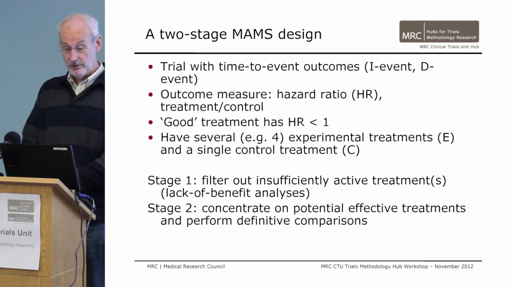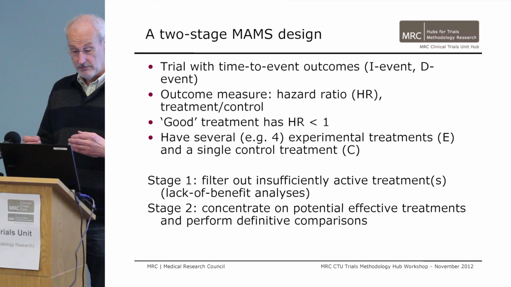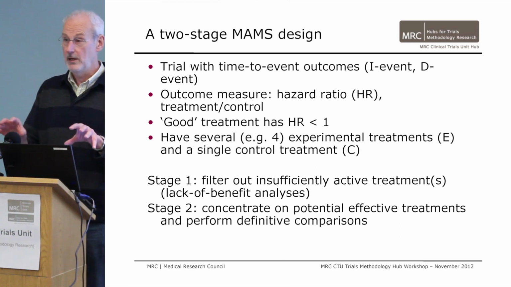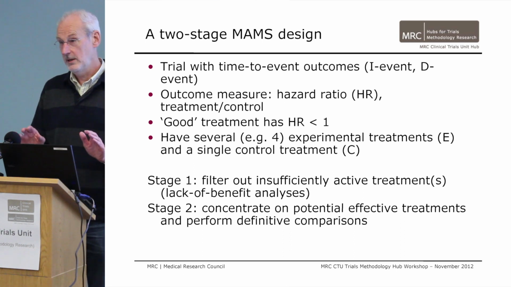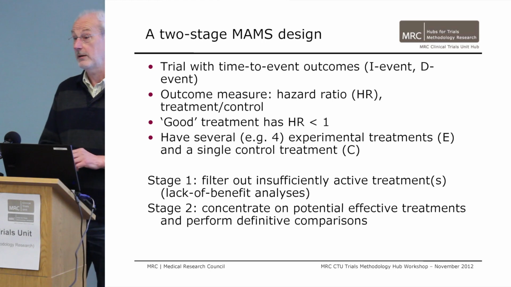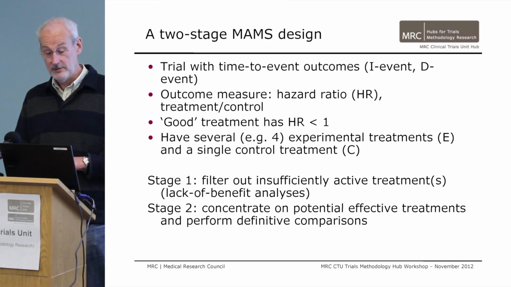So basically the aim is to say, okay, we've got a treatment, it's compared with control, it's not doing very well, even at this relatively early stage, and we don't want to continue putting resources into that arm. We want to cease recruitment to it. And so we carry out an analysis that allows us to do that on the intermediate outcome measure, stage 1. So that's a lack of benefit analysis, and I'll say a little bit more about how that works in a minute.